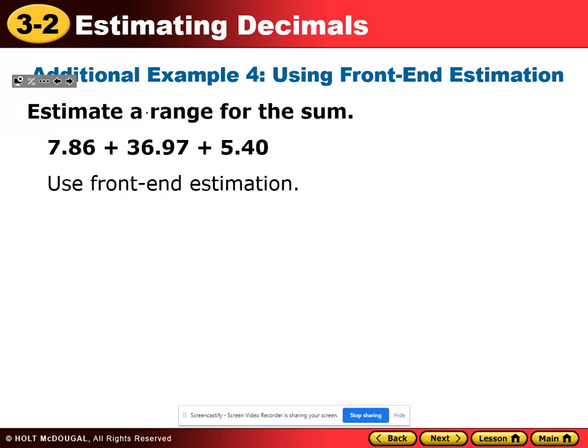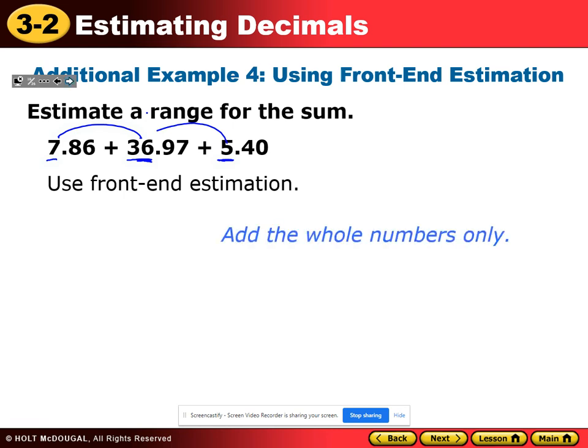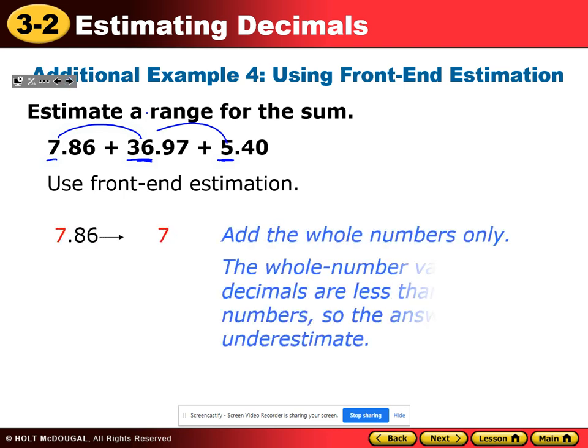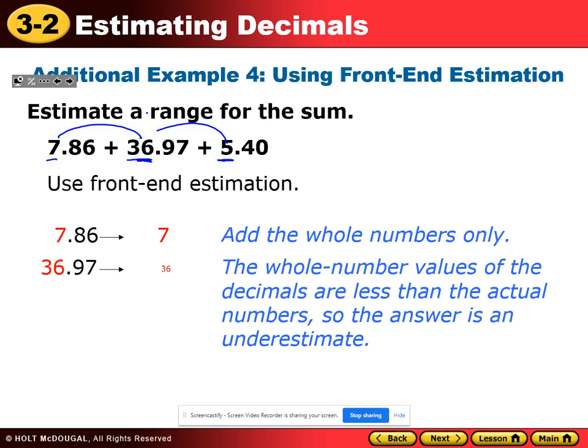So, only the whole number, 7 plus 36 plus 5, so that would be 43, then 48. Let's see if they did. Add the whole numbers only. And they did get 48. So we know it's at least 48.